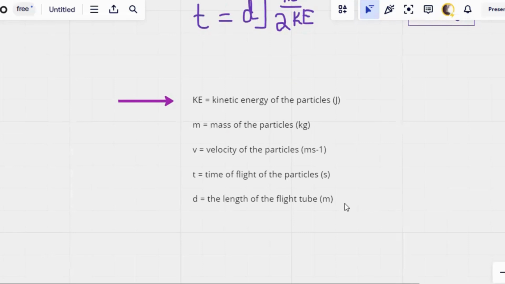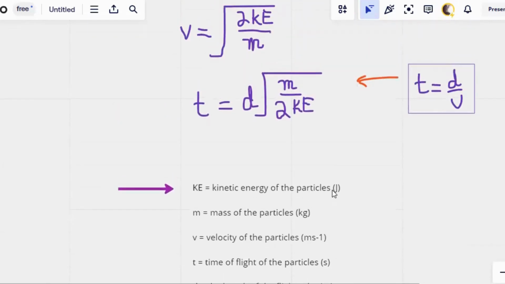And the time of flight is proportional to the square root of the mass of the ions. You can see time of flight is proportional to the square root of the mass of ions, showing that the lighter the ion, the faster it will pass through and the quicker it will hit the detector.